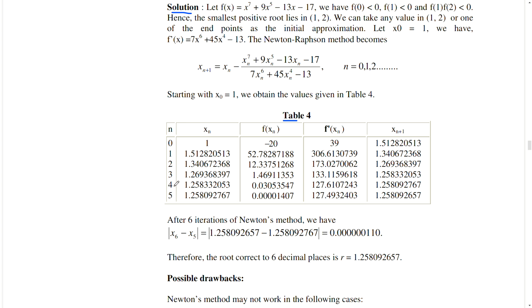In the table: n = 0, 1, 2, 3, 4, 5, with columns xn, f(xn), f'(xn), xn+1.